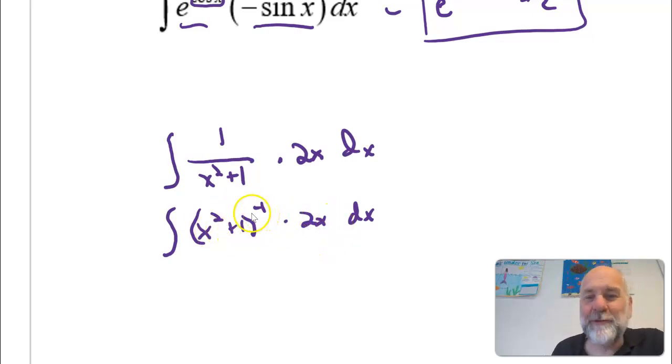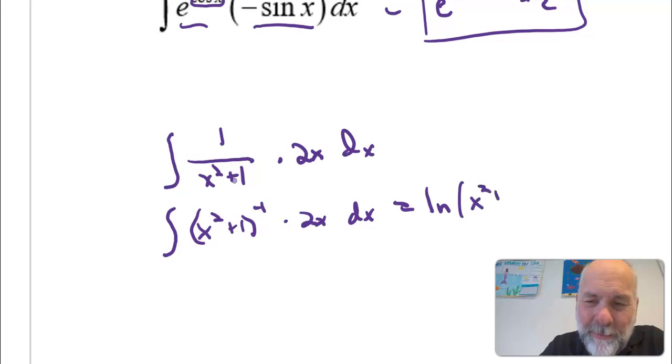So do the antiderivative of the outside and leave the inside alone and just get rid of this because it just disappears. So what's the antiderivative of something to the negative 1? Or the other way you can think of it is 1 over something. That's natural log. Oh, it's the one exception. It's natural log of x squared plus 1.